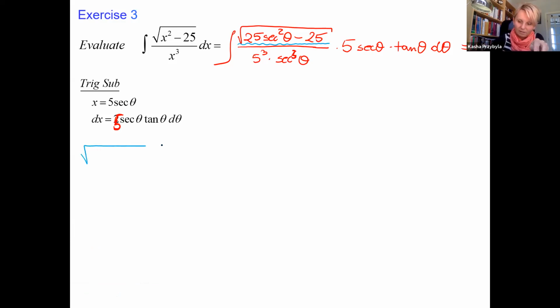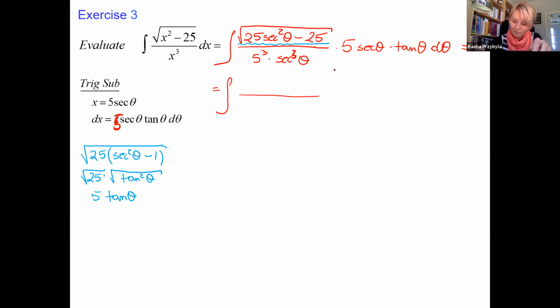We will factor out 25, that's the reason that we need the coefficient. Secant squared theta minus 1, and then the square root of 25. How can we rewrite it? Yes, 5 tangent, because this is tangent squared. This is 5 and this is tangent. Excellent. Let's write this.